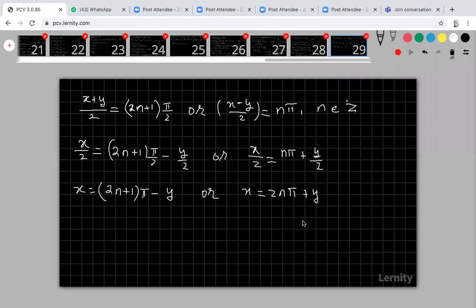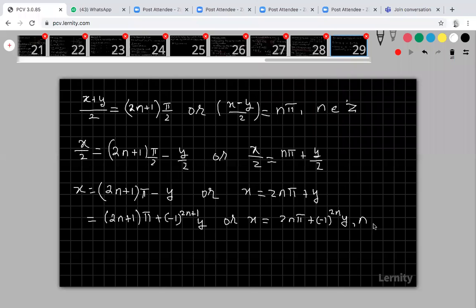Now look at that. (2n plus 1) pi minus y can be written as minus 1 the whole power (2n plus 1) of y, or here x is equal to 2n pi plus minus 1 the whole power 2n of y.